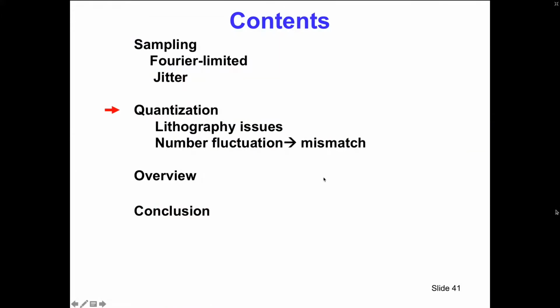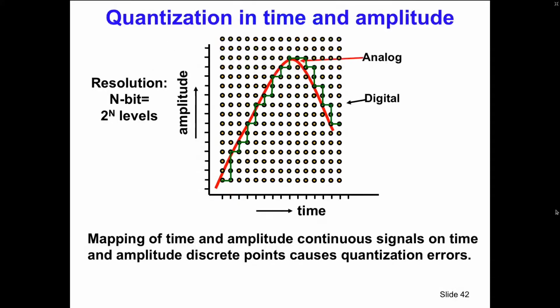Well, I'm over half of the talk, but I still want to spend a few slides on quantization and talk a bit about mismatch, and then we'll go into the overview. Obviously, as I mentioned in the first slide, A to D conversion is mapping of an analog signal, a time continuous signal.